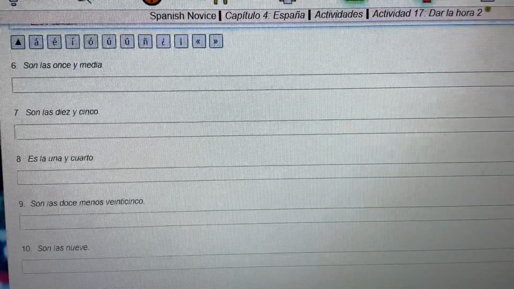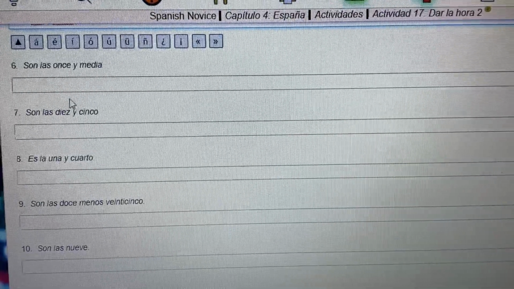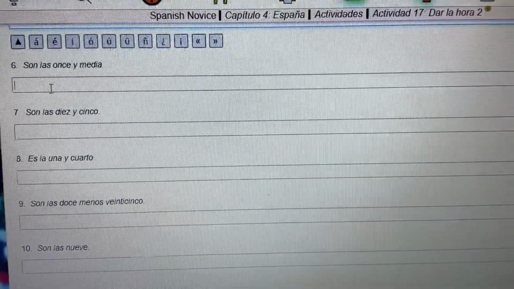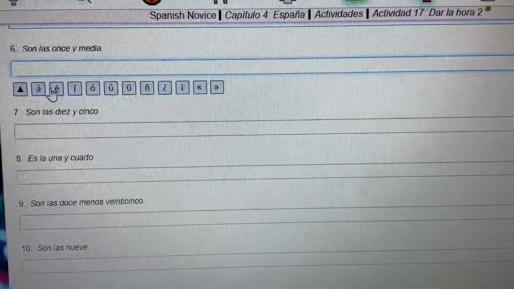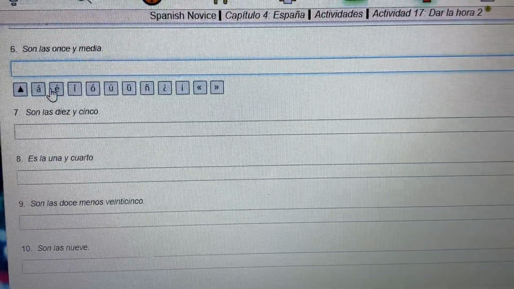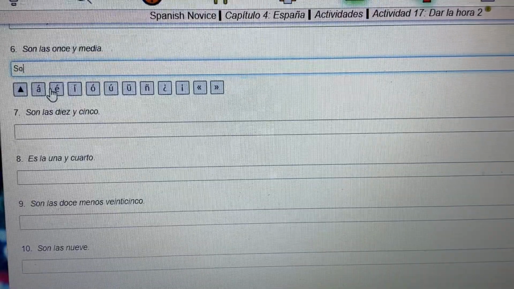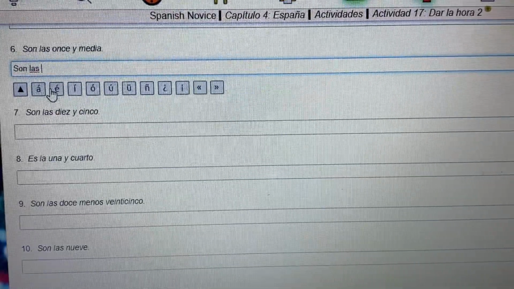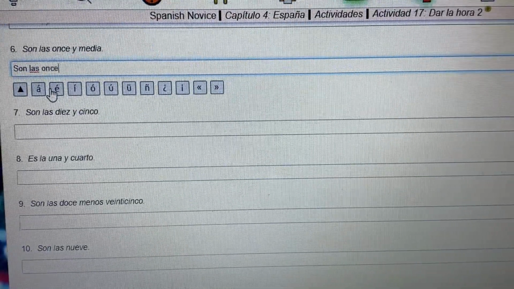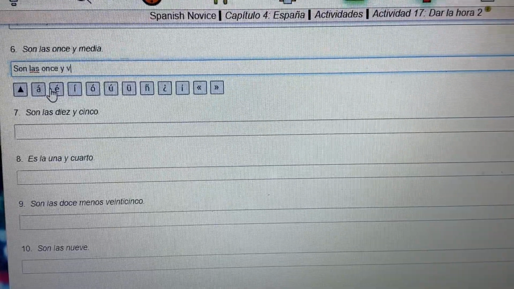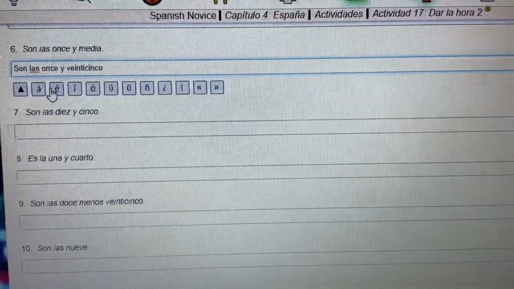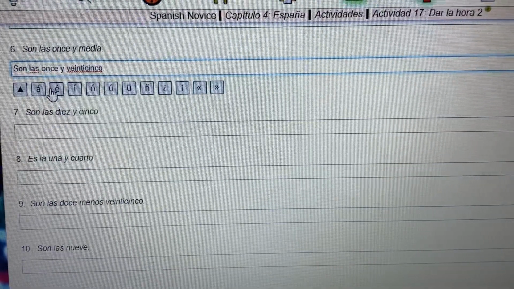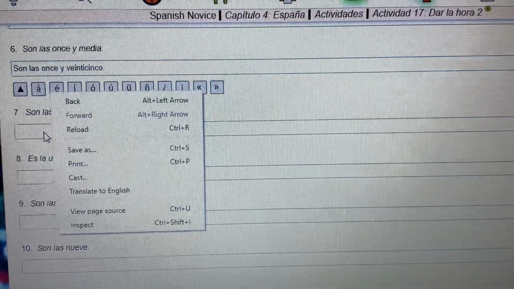For number six, son las 11:30. So this is telling us it's 11:30. Subtract 5 minutes would be 11:25. Son las 11:25, punto. All right.